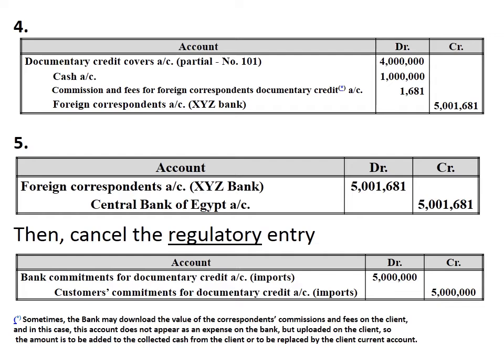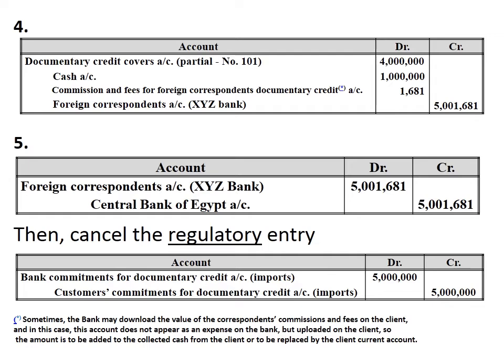Or he may pay it in cash to the bank, so the cash account will not be 1 million only, but 1,001,681. If he didn't pay in cash and he doesn't have a current account, we may open an overdraft for him. So we will debit the current account of the client 1,681.